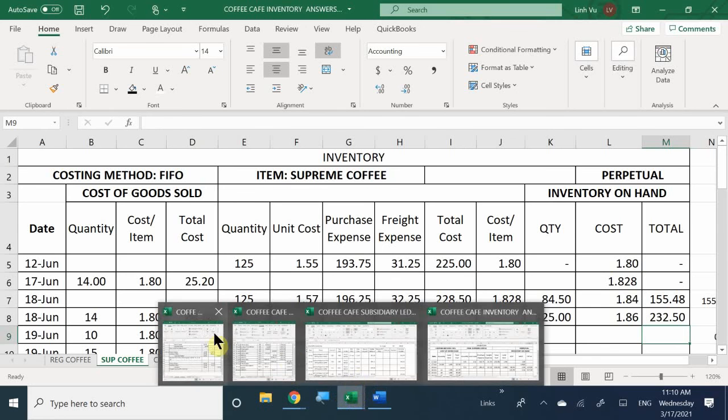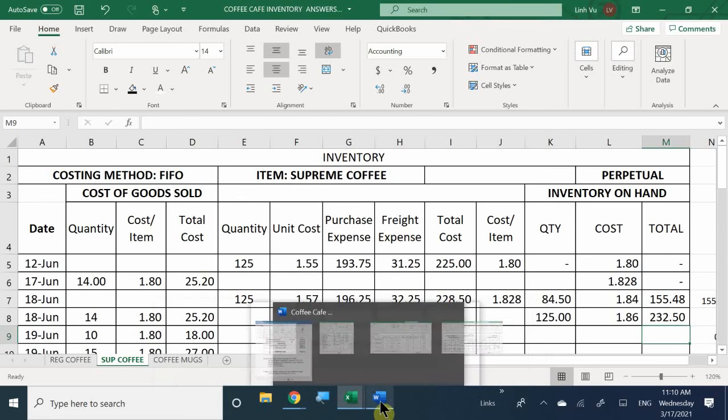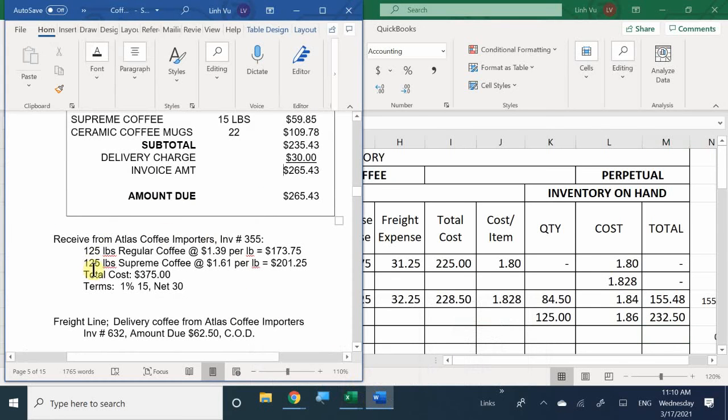What's next? Yeah. All right, we forgot one thing. Okay, it's always going to be the problem when you jump around from worksheet to worksheet.